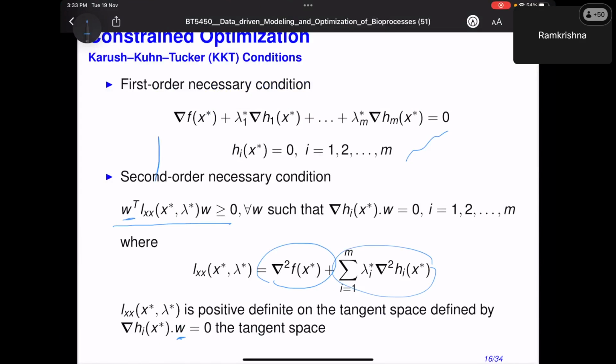There is a slight distinction between the first and the second order necessary conditions in case of a constrained optimization, even though we are spending time converting the constrained problem into an unconstrained one.